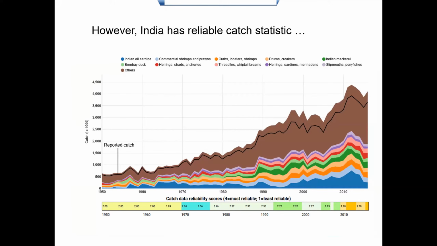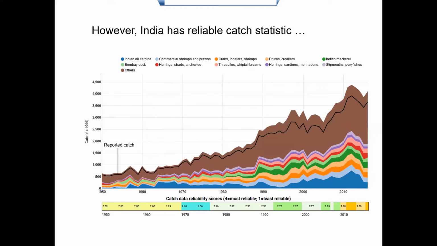This is from our website, where we have reconstructed the catch that countries report to FAO. Reconstruction is a process of checking that everything is included. And for India, the correction is very small.